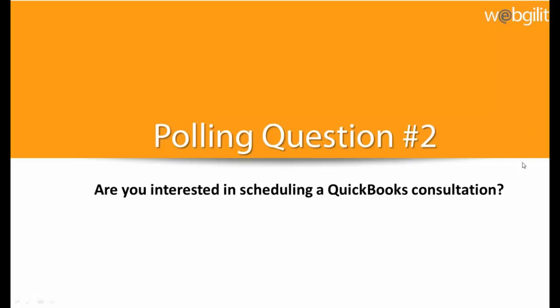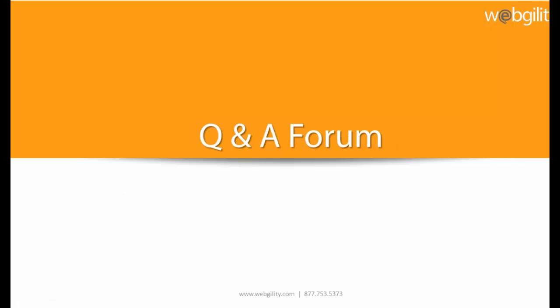For any of the attendees that need to have their QuickBooks advising scheduled, and you've purchased an enterprise or a point of sale plan, or you have Pro Premier or Cloud, and you've purchased a training package, definitely send us an email to the customer success team at success@webgility.com.